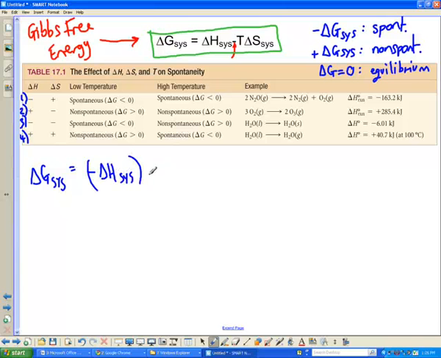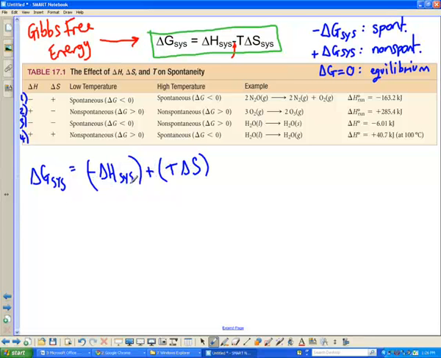And then we have a negative T delta S. If this delta S is negative, then that times that is a positive. So what that means overall is we have a negative combining with a positive.